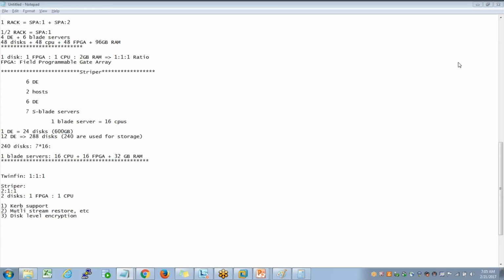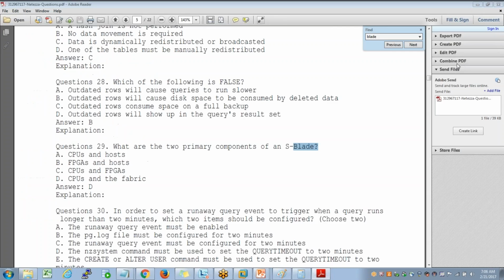There are two hosts in TwinFin and two hosts in the Striper. Both are Red Hat Linux hosts, so there are no changes in the failover mechanism and all. The only difference is in the storage and the S-Blade servers. Yeah, that is true.